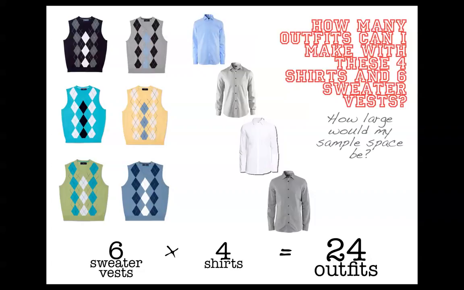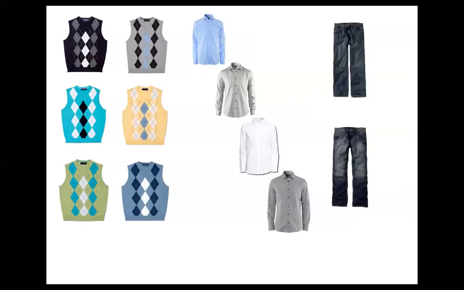And if you want to, you can pause this video right now, and you could make a list of all of those combinations of different sweater vests with different shirts. And if you did all of them, it would be exactly 24 outfits large. So a shortcut to finding the size of the sample space is to just use multiplication. Now, in reality, I can't just wear a sweater vest and a shirt.